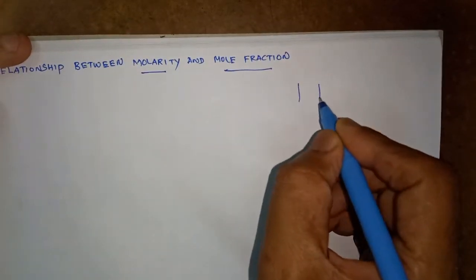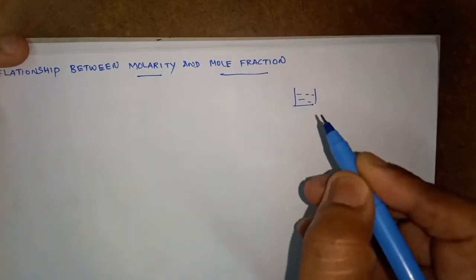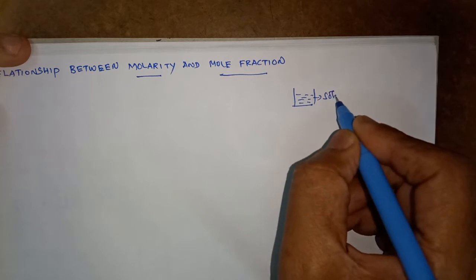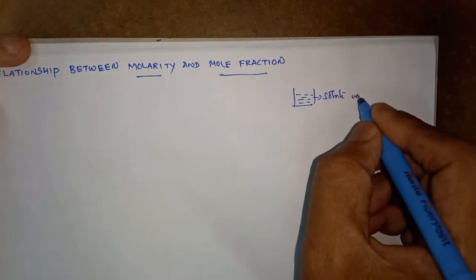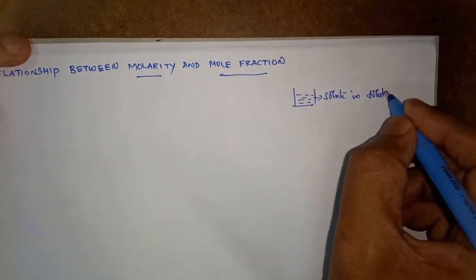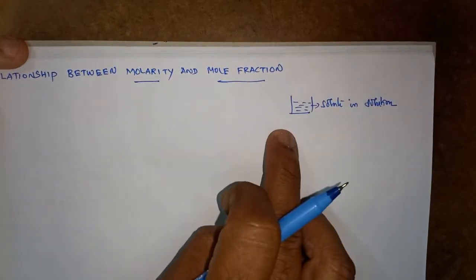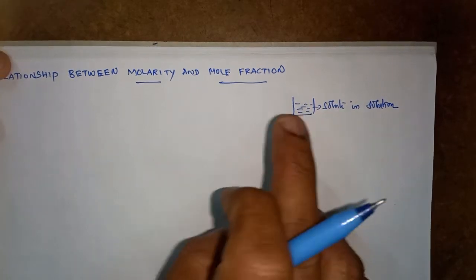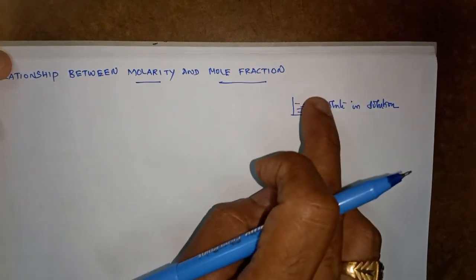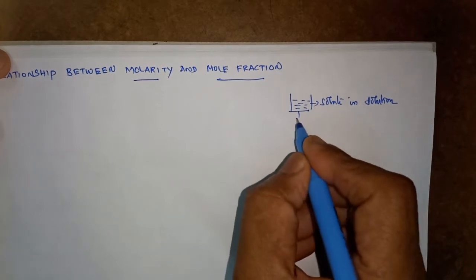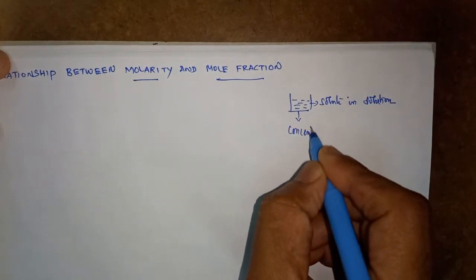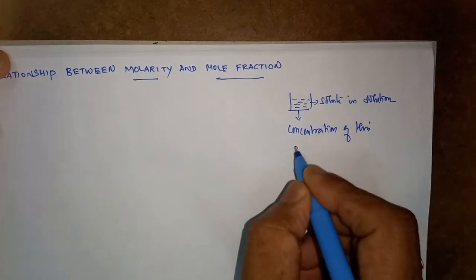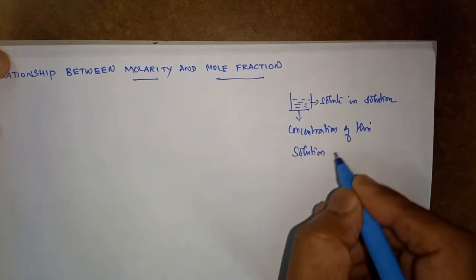Suppose I take a solution. The solution contains some known quantity of solute. Then when can I say the solution's concentration is known?